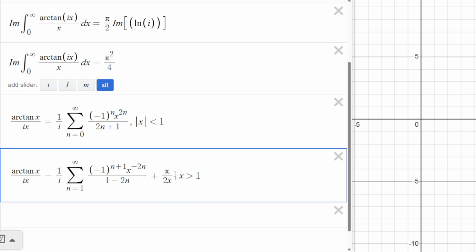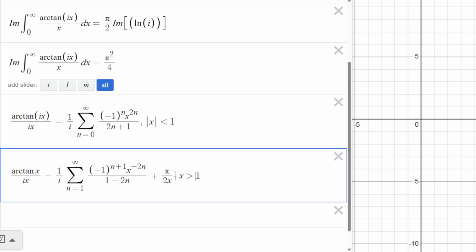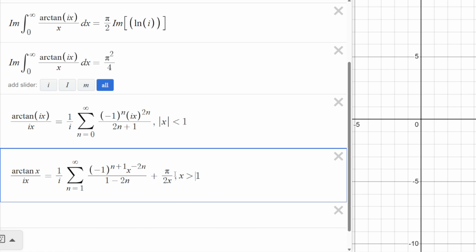And now let's take x on both sides to be ix. So on this side, we get ix, and on this side, we also get ix. Now we're taking x to be ix.